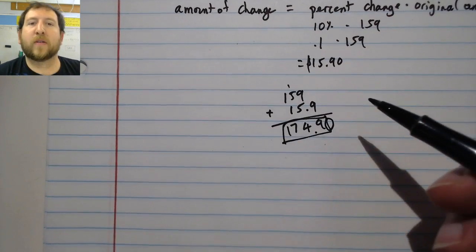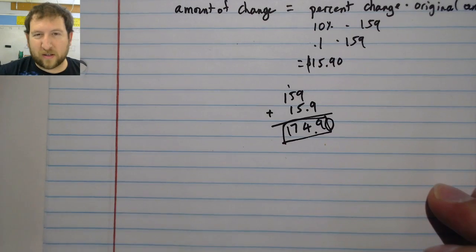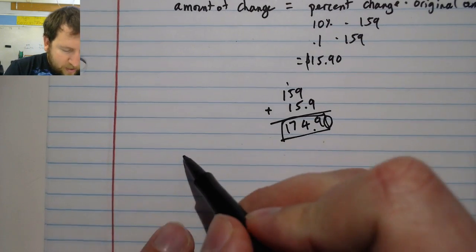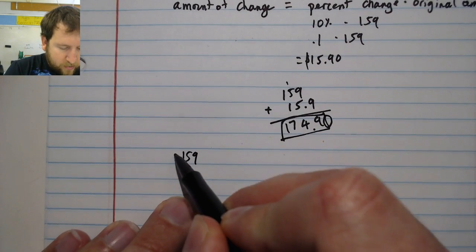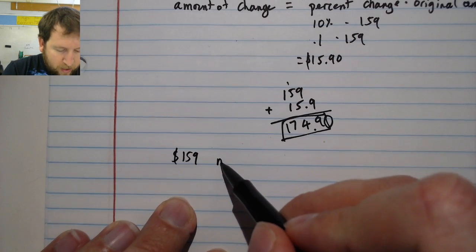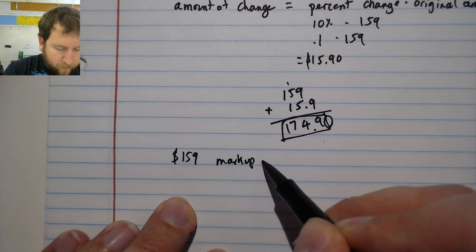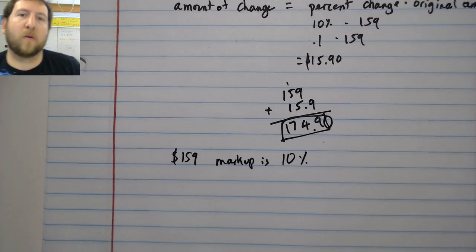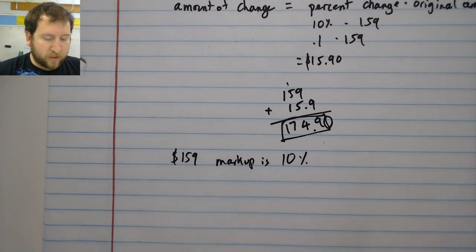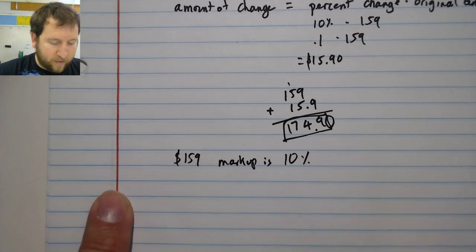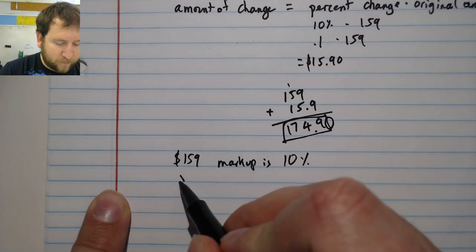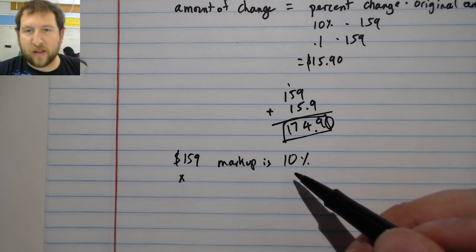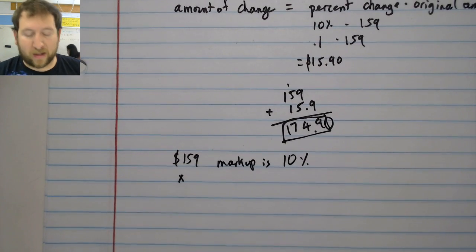But let me show you how to do this problem in a slightly easier way that just saves us a step. So we had $159, and markup is 10%. If I look at these using variables, I can write this out as my price with this markup affecting the price.